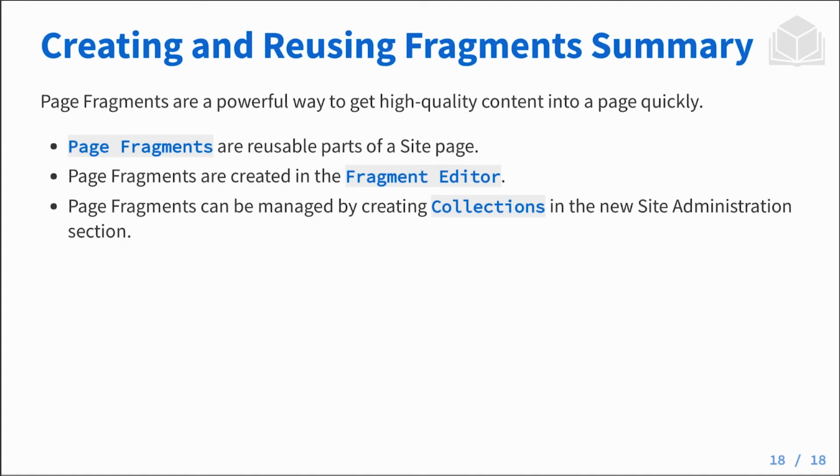So to break it down, page fragments are reusable parts of a site page that we can have our front-end developers create, and we can manage them as the marketing team. These can be created using the fragment editor in the site administration panel, and they can be organized using our collections. Again, this helps us distinguish between different kinds of fragment use cases that we might have in the site.